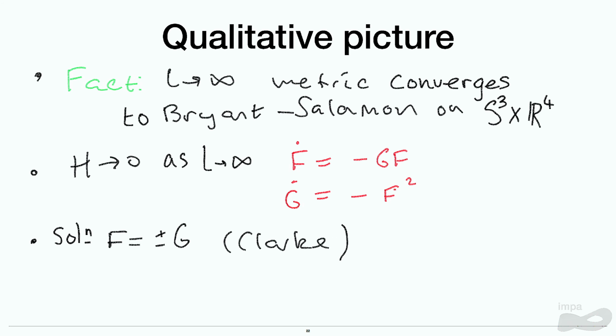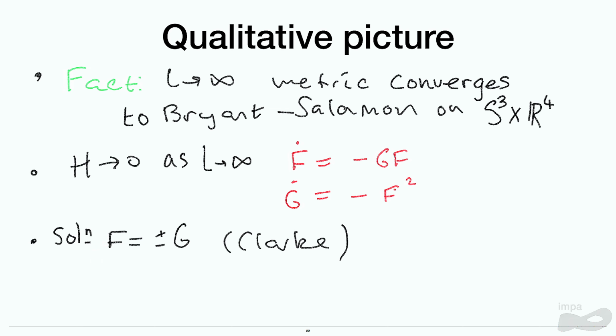What? Sorry, which one? This one? So these guys extend over, what, when f equals g? What's the question, sorry? Yes, but 1 over t is a solution.